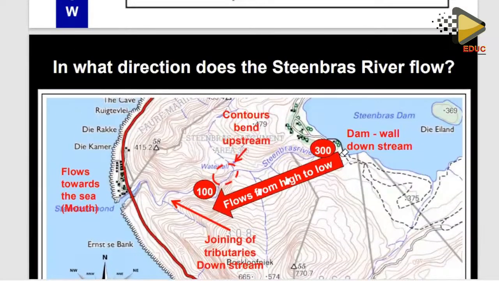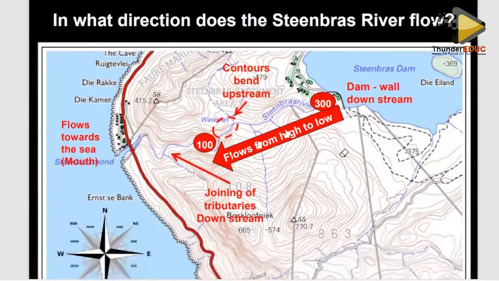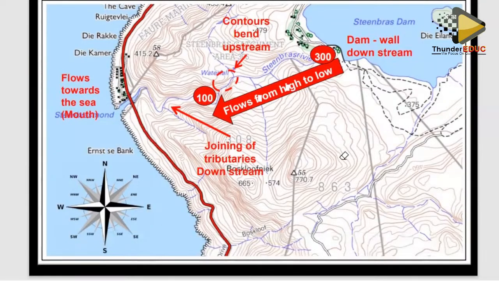In what direction does the Thundereduc River flow? Right, if you can check there, the direction of flow of that particular river from the extract of the topographic map. Definitely, this Thundereduc River, if you check where it is coming from and where it is going, it's coming from around here, it goes like that, it goes like that.